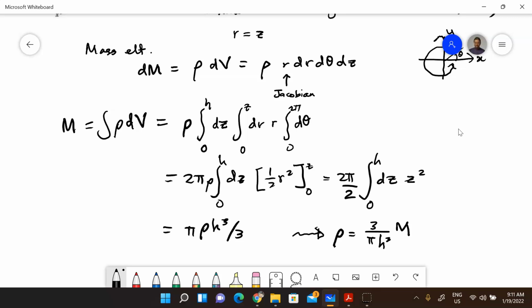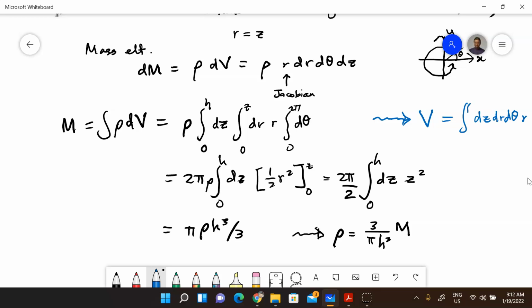Okay, and then we will now proceed. Oh, the other thing. From over here, you can also see that since rho is constant, this is actually the integral of the volume element. So from there, you can also get V, the integral of dz, dr, d theta times r.